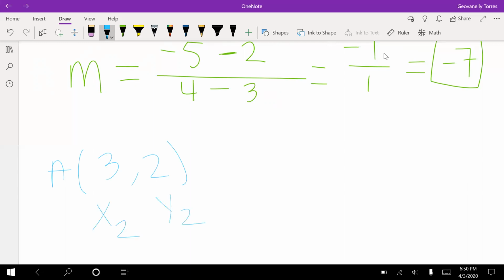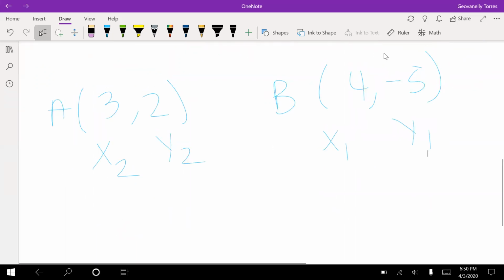And for B, we have the point (4, -5), and our 4 will be x1, and our -5 will be y1.